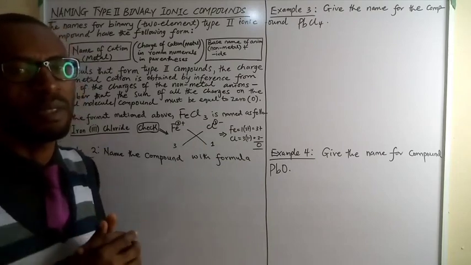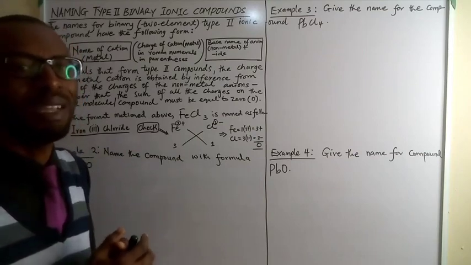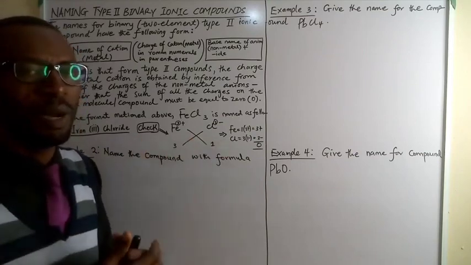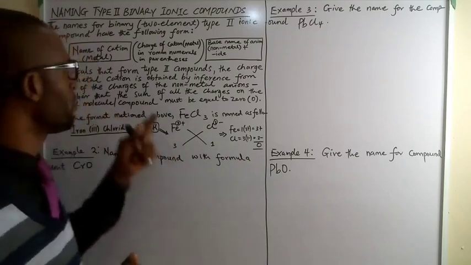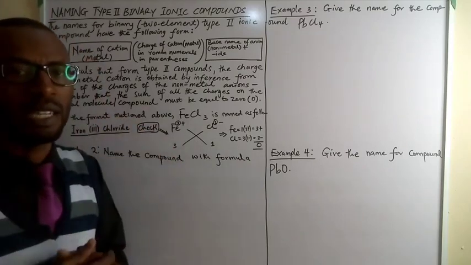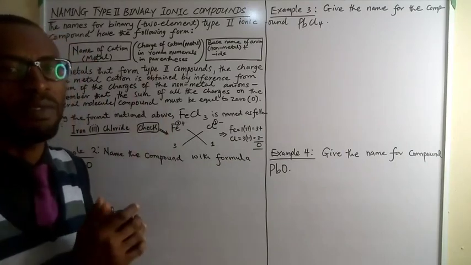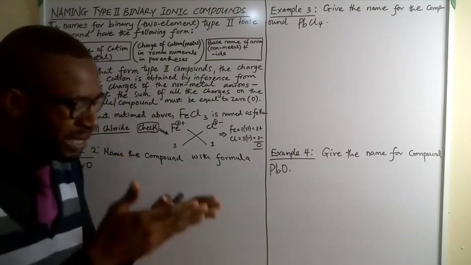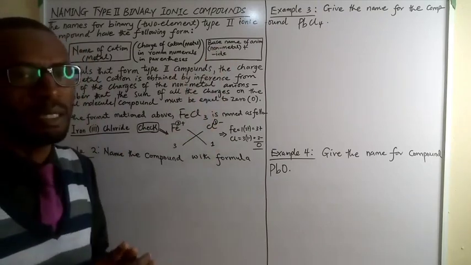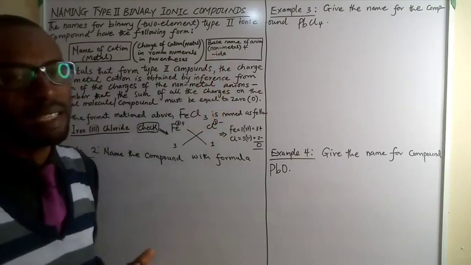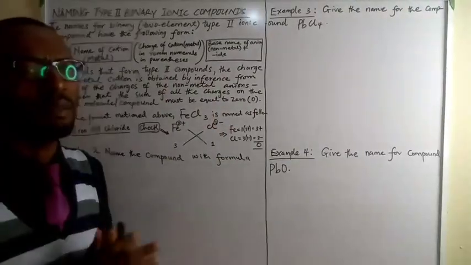It is very critical, because once we know the charge of the cation, we can place it in Roman numerals in parentheses after naming the metal, to identify its oxidation state. Then we name the non-metal, replacing its last syllable with -ide. It is that simple.